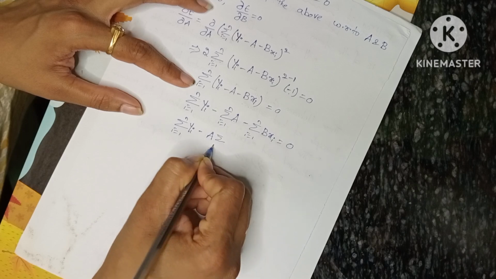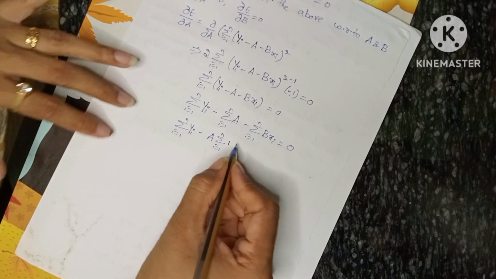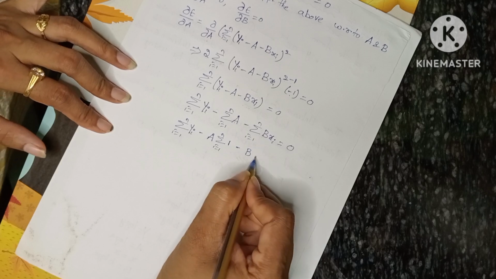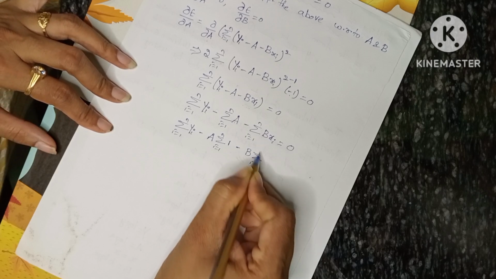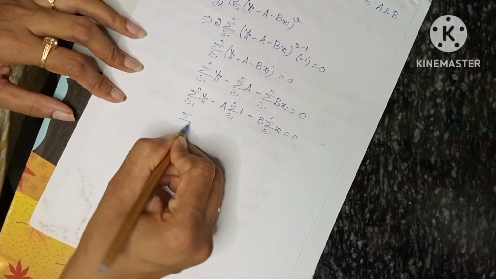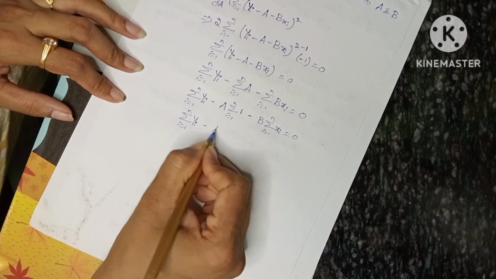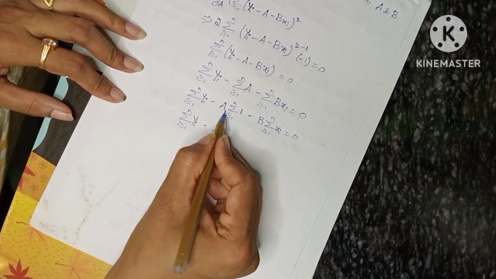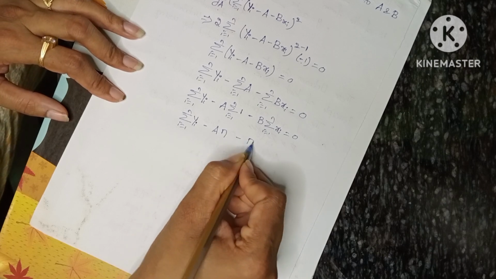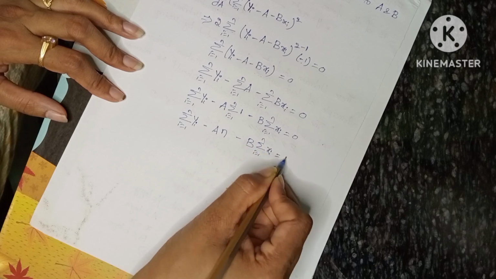So a summation i equals 1 to n 1. If anything is not there, we can keep 1 here, no? So minus b, we have to write in front of the summation, b summation i equals 1 to n xi equals 0. So summation i equals 1 to n yi minus a into, in place of this summation we can write n, minus b summation i equals 1 to n xi equals 0.